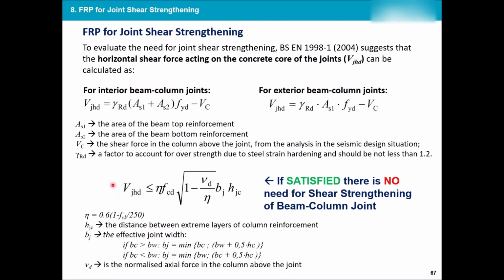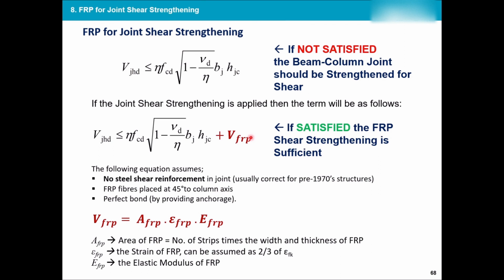And now, if it's not satisfied, let's say that you calculate your applied shear at the joint and it's not satisfied with the resistance or the capacity of the joint that you have, then when you add FRP, a bit of shear capacity will be added to your resistance.